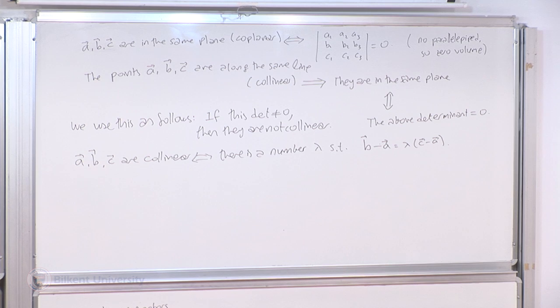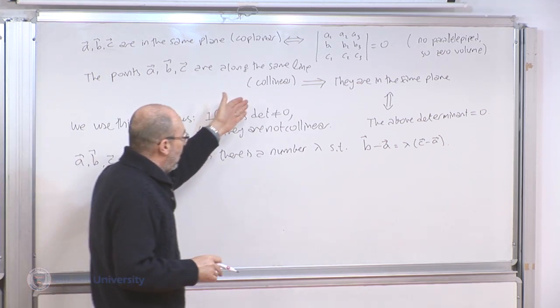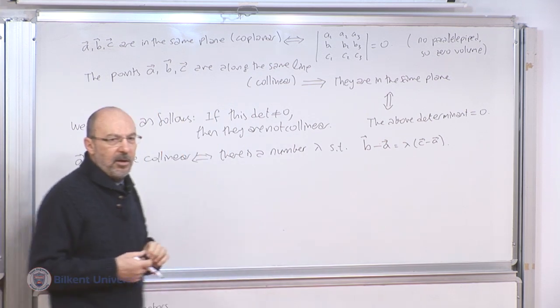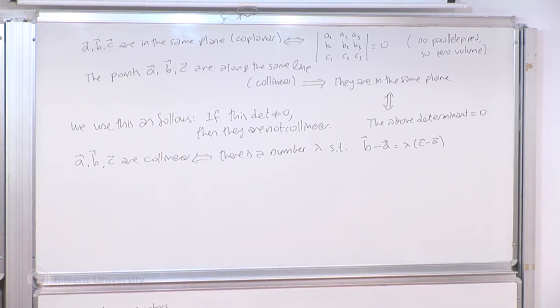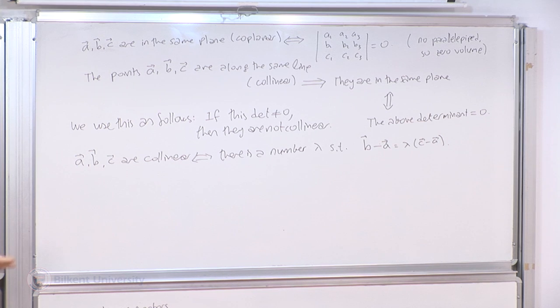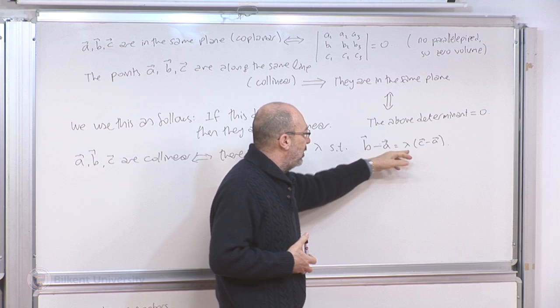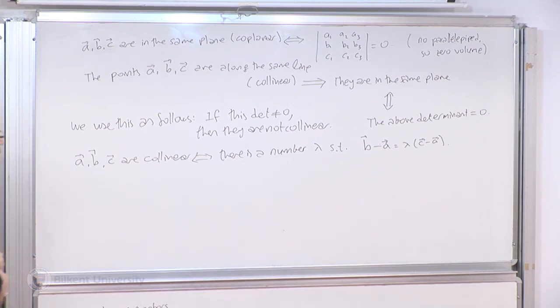But if the numbers look complicated and you don't want to go into this, such a determinant is always easier to calculate. But if the determinant is 0, then you have to go back and check if you can find such a lambda. Okay, so this is one part of the review of vectors.